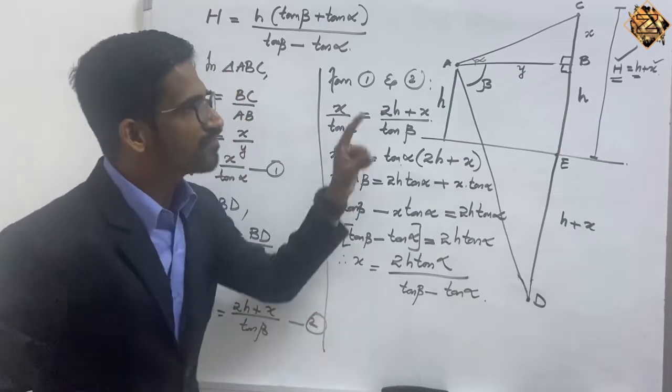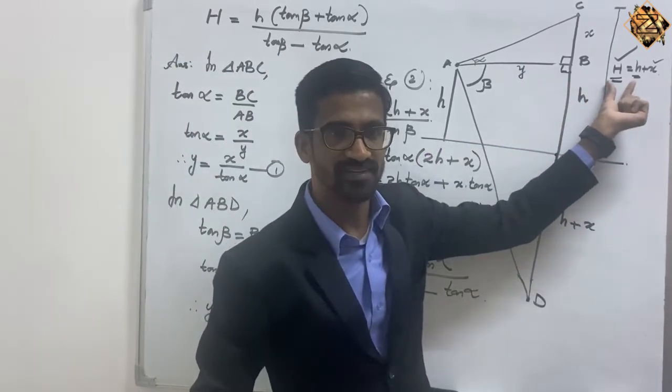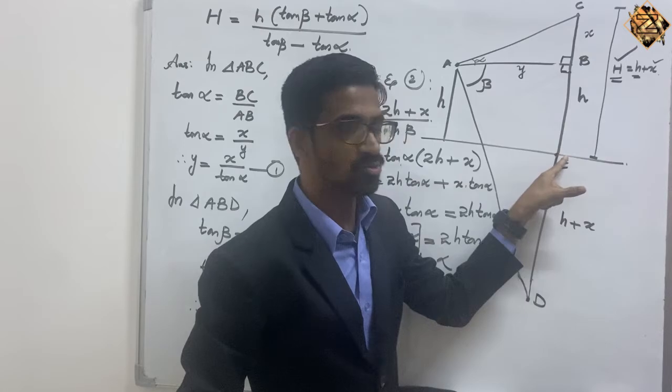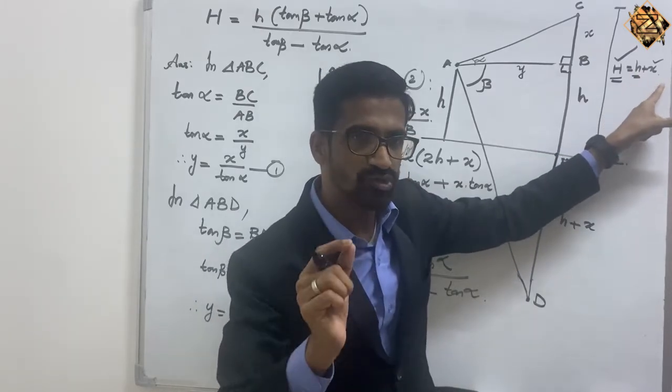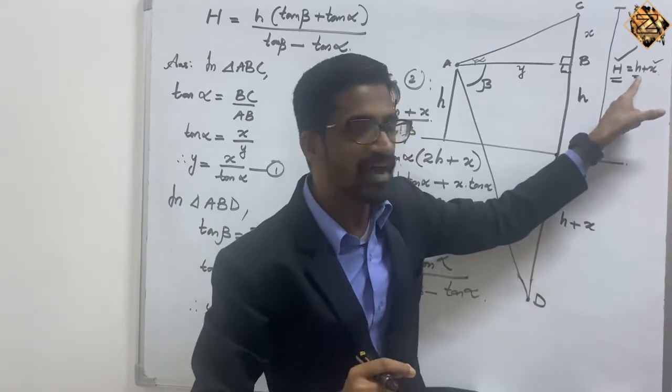Our aim is to find the value of the capital H, that is the total height of the cloud. So the total height of the cloud is h plus x. We now found the value of x, and along with that we will add h.